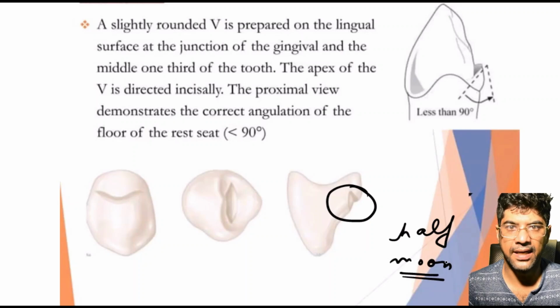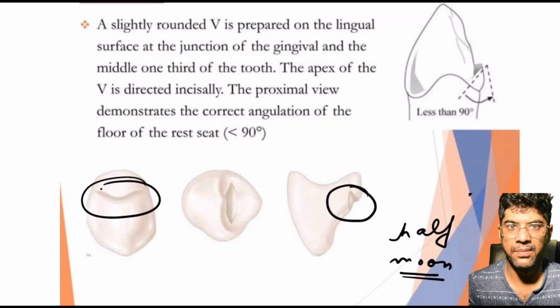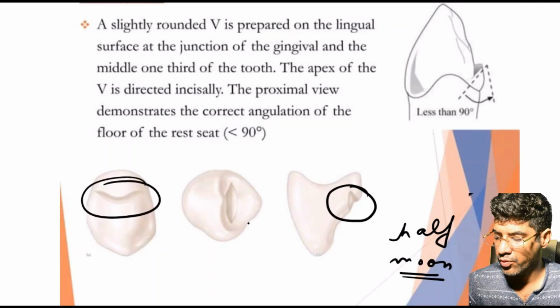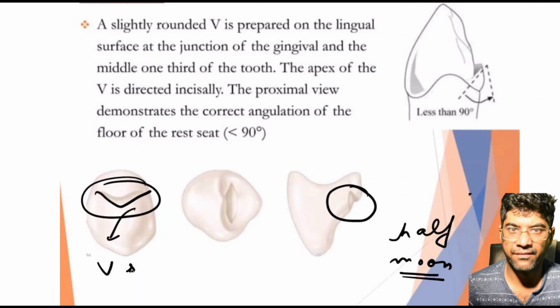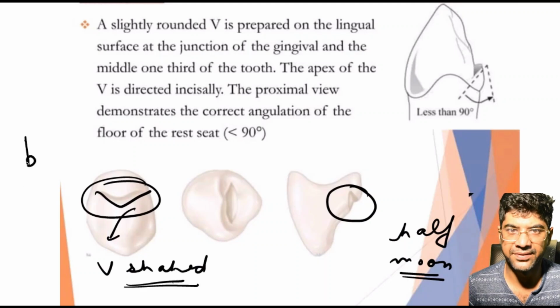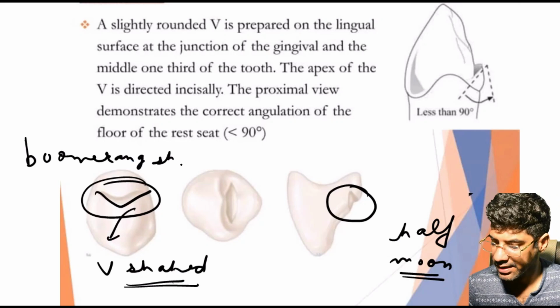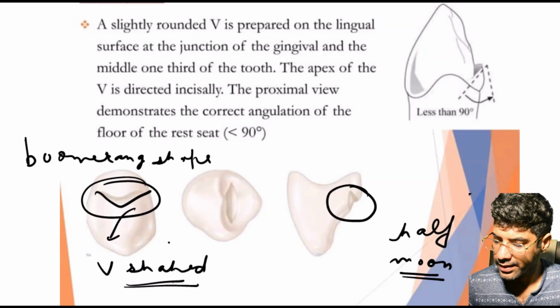What are the key design or characteristic features of the cingulum rest? A cingulum rest should have a half moon appearance, extended as a smooth curve from one marginal ridge to the other. The preparation should cross from the center of the tooth incisally to the cingulum, and line angles should be rounded.